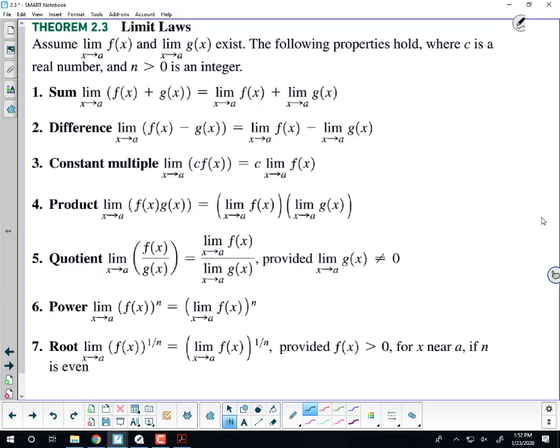So it really takes care of the basic algebraic operations as far as how limits interact with those operations. So the sum is just saying that if you're taking the limit of a sum, it's the sum of the limits. If you want to think about that limit operation distributing across the sum or across the difference, you can think of it that way, because that's essentially what's happening.